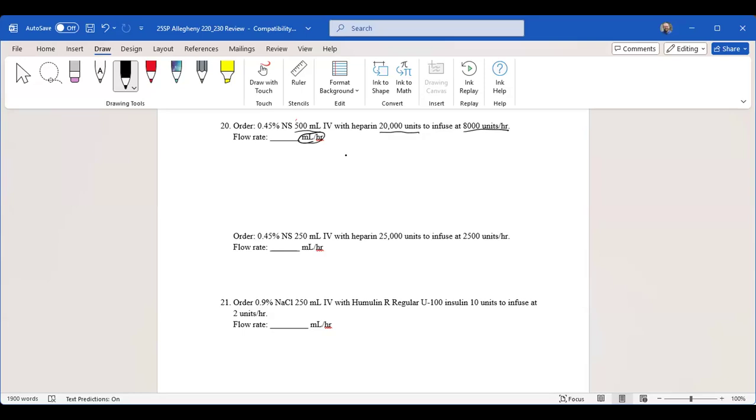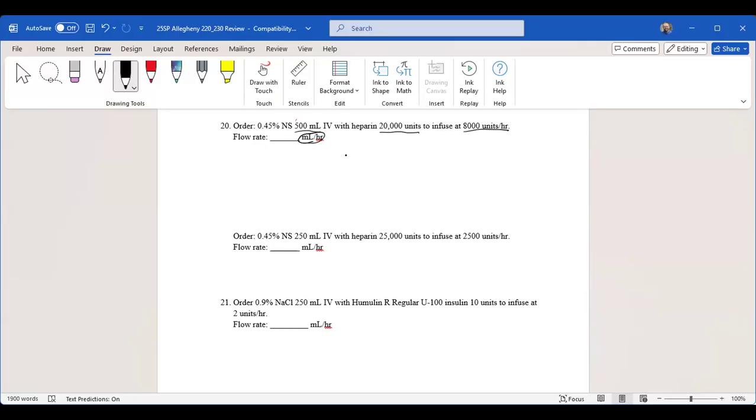There are some insulin ones, but I'll get right into showing you the process. All we're asking you to do in these questions is convert one flow rate, units per hour, to another flow rate, milliliters per hour. The thing that's wonky is you haven't necessarily seen this yet, and so you might be wondering, what the heck do I do with this?